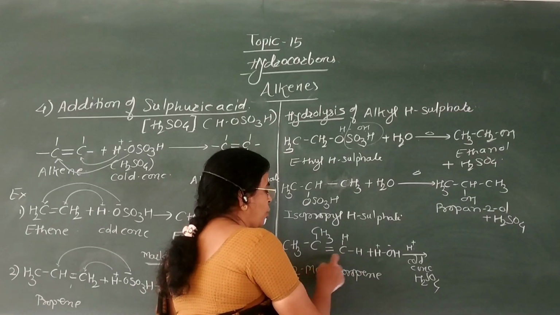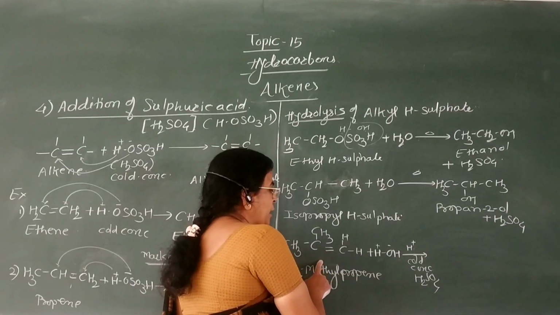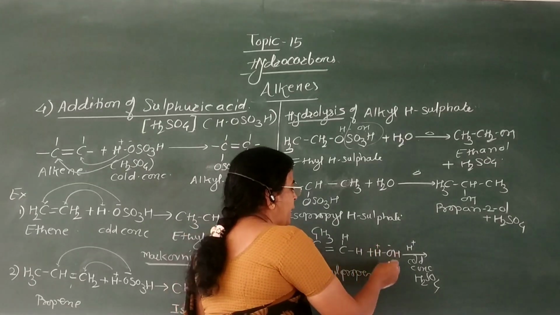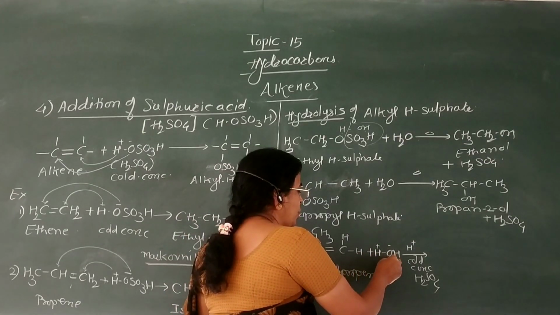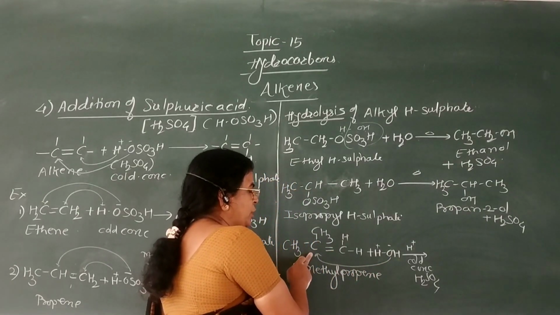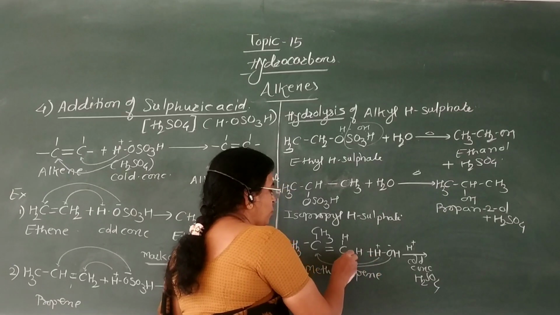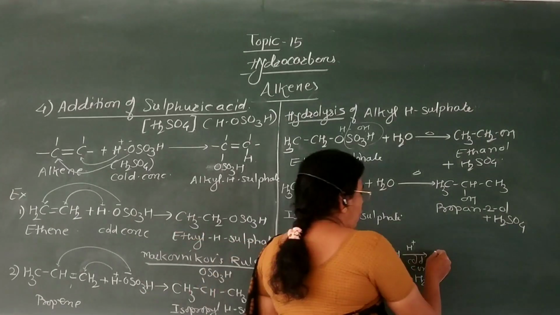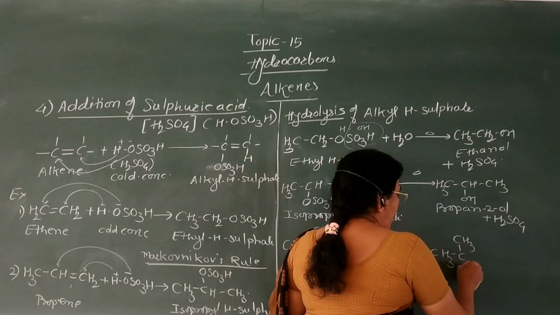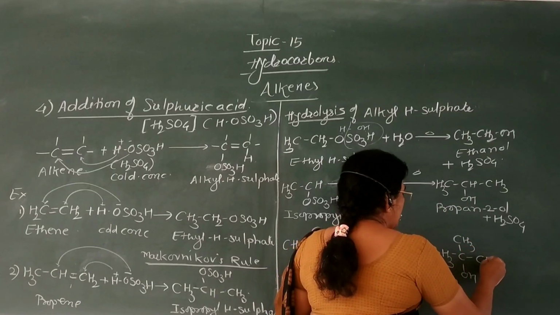This addition takes place according to Markovnikov's rule, and according to Markovnikov's rule, the negative part goes to that carbon atom of the alkene which has less number of hydrogen atoms, and H plus goes to the other carbon atom to form CH3C(OH)(CH3)CH3.